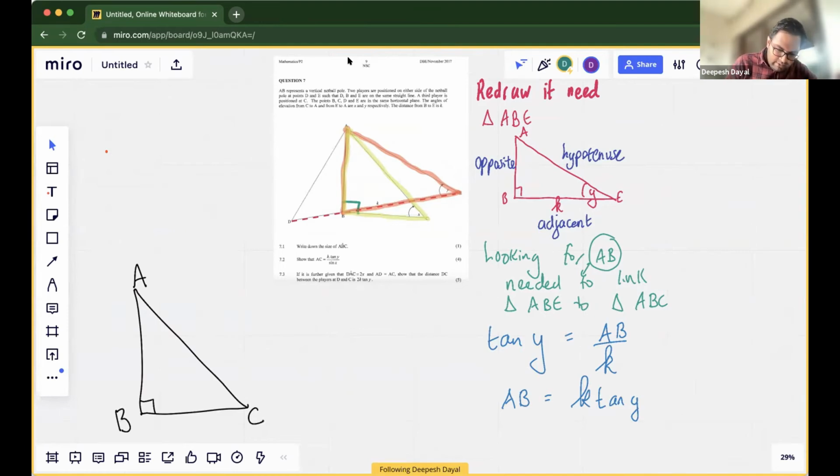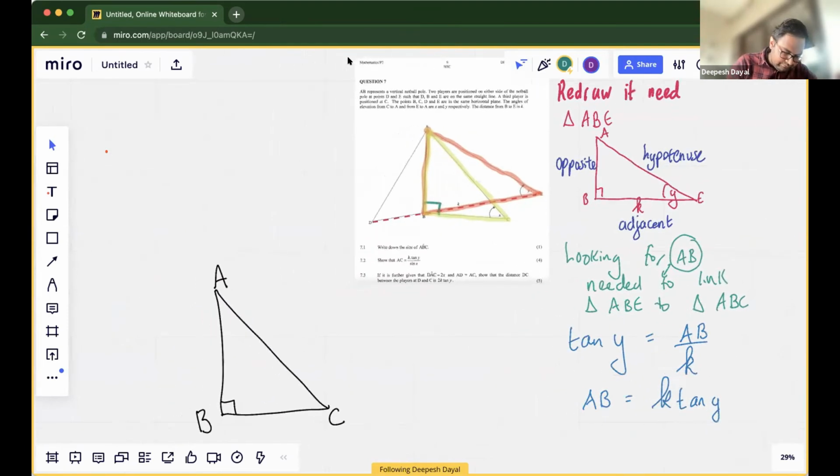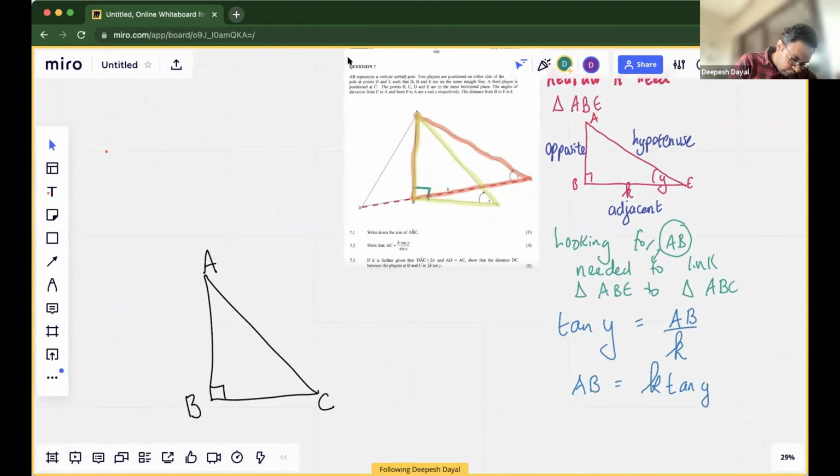And we've got AB, which is K tan Y. Then we need to find AC. The question wants us to find AC, right? Yes. And we've got X here at the bottom.